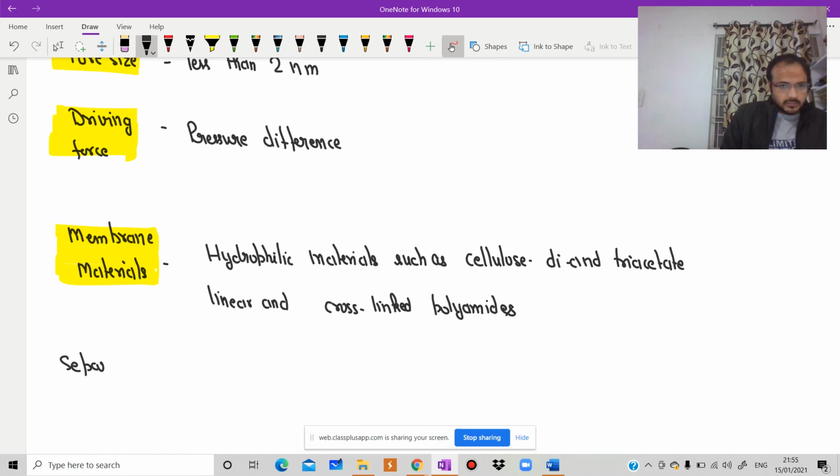Separation mechanism: in the last two, the separation mechanism was sieving, and here the separation mechanism is solution diffusion. All these are very, very basic things.